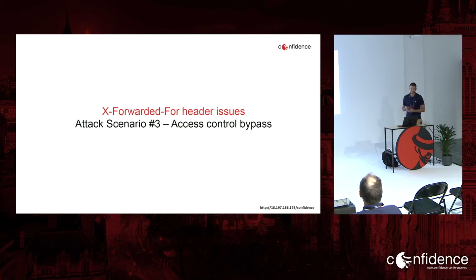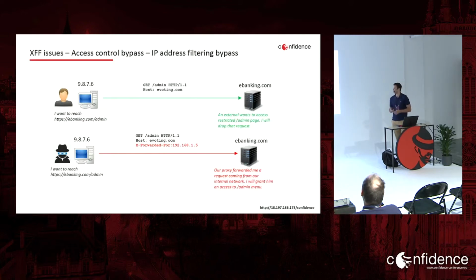And the third scenario, also related to the X-Forwarded-For header, is an issue which I have not identified personally, but my colleague identified it in one of the global banks. So, access control bypass. As you probably know, some of the applications rely on the IP address if they want to restrict access to some resources on the web server.